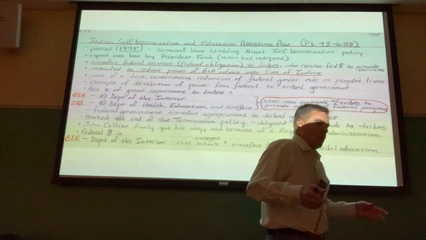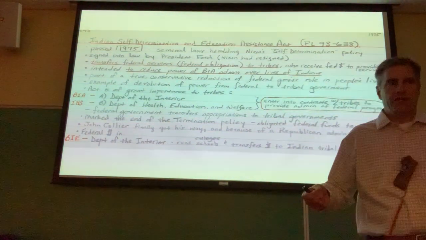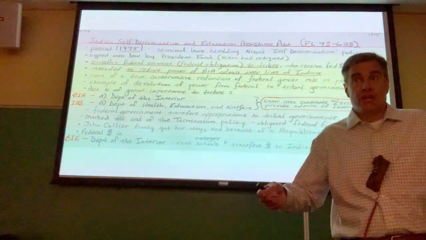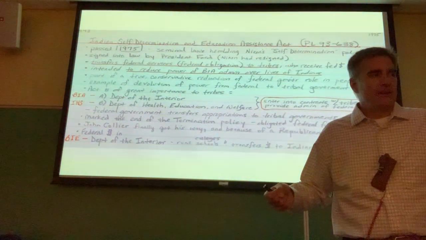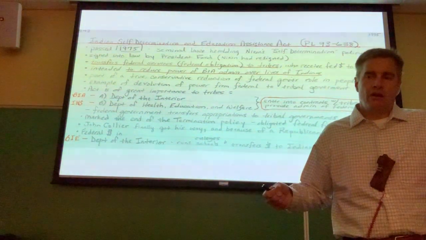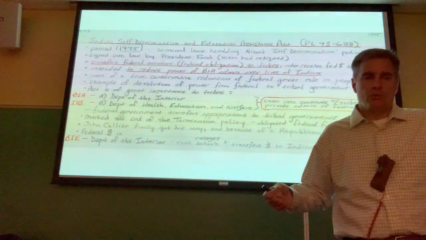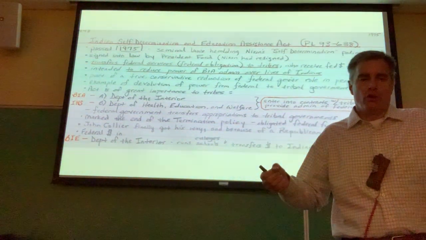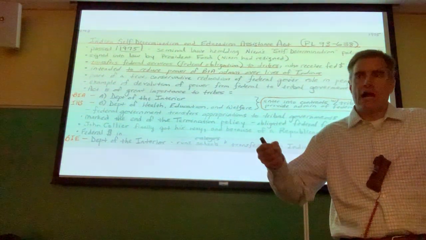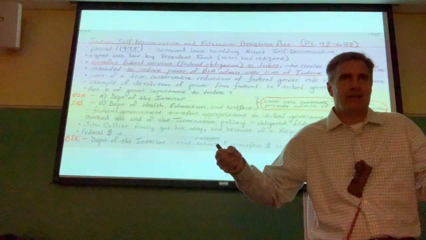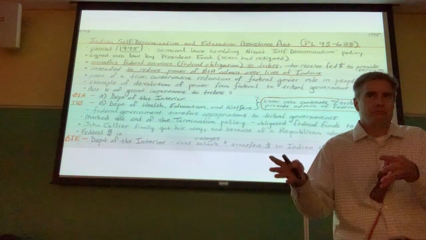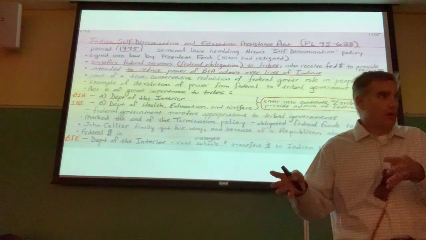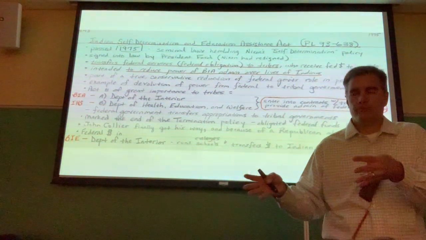This kind of welded tribal governments into the federal government. In a lot of ways, the way I see it is that tribal governments are really guaranteed to exist now because they are basically the conduits for federal money, the conduits for the federal programs that had existed.